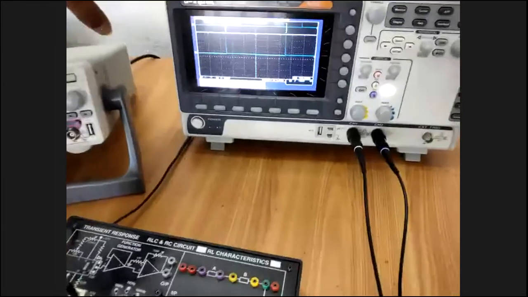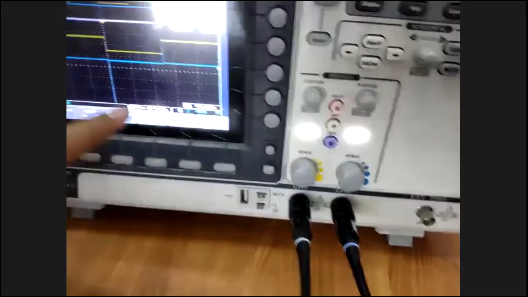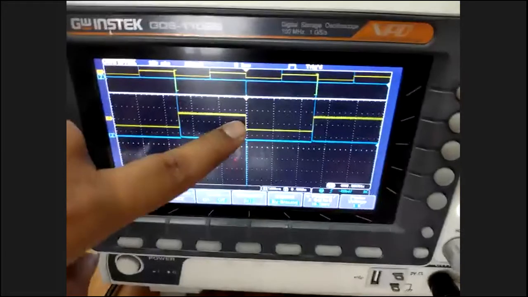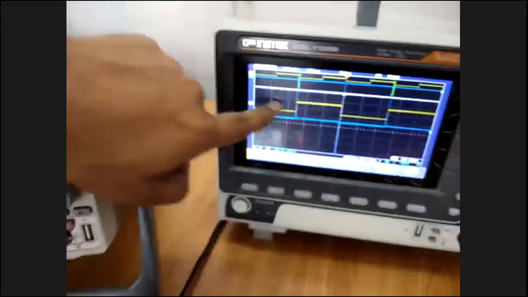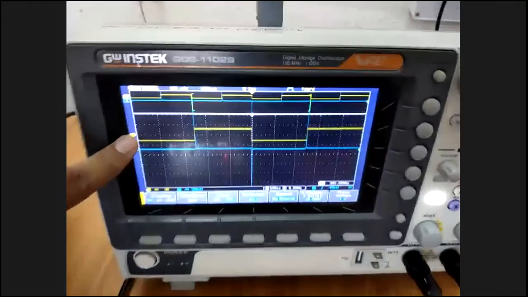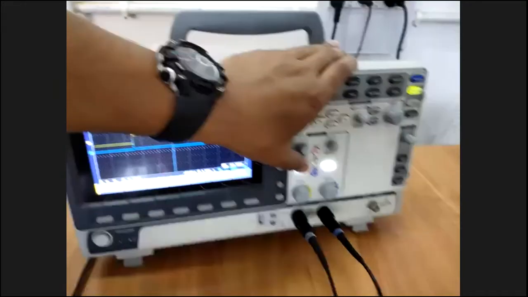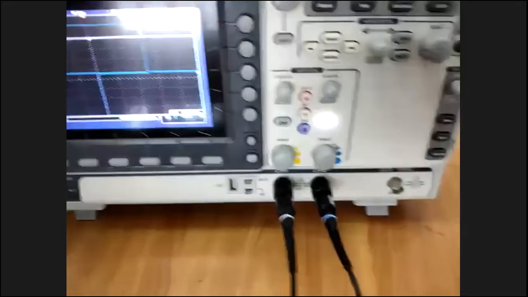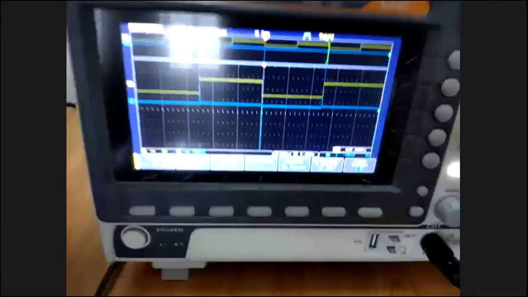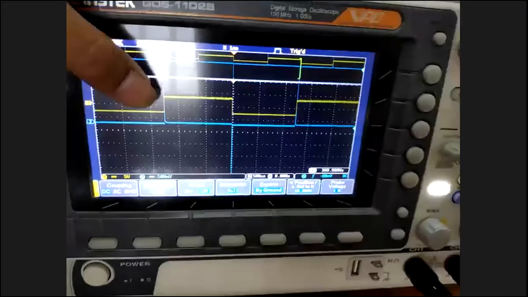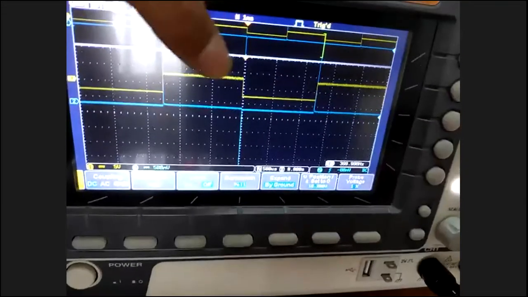From channel one, we can clearly see the input step signal, which we generate through the function generator, in yellow color. If I close this switch for channel one, we can't see the input signal. When we turn on channel one, we can clearly see the input signal of the function generator.